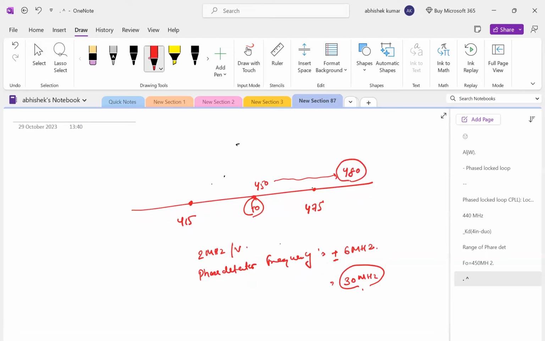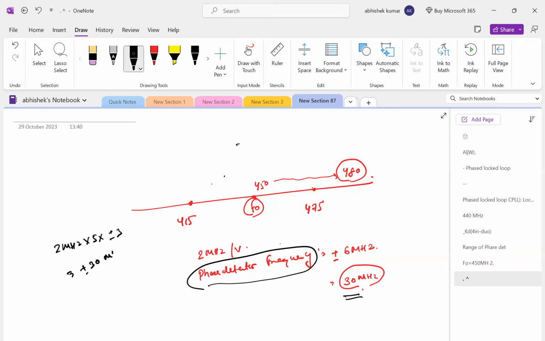Are you getting it or not? Yeah. Because here the phase detector can detect up to 30 megahertz. How did I calculate 30 megahertz? 2 megahertz into 5 into plus minus 3. So it will go plus minus 30 megahertz.